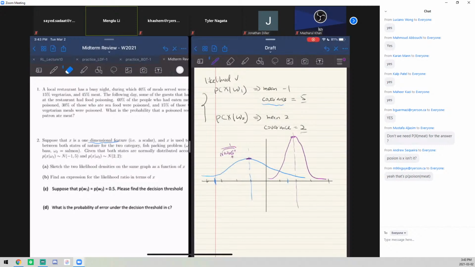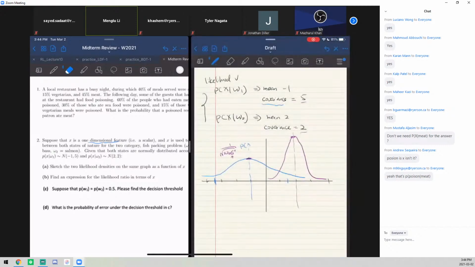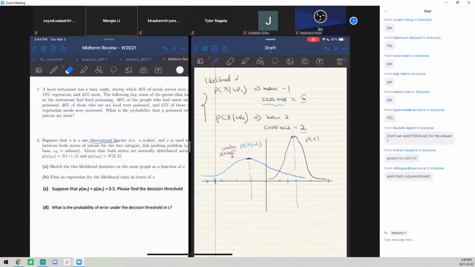Then we know the maximum value of class 2 is higher than the maximum value of class 1. So the graph will be like this: this one is for class 1, and this part is for class 2. We don't need to draw that precisely. We just need to know class 2 will be thinner than class 1 and taller than class 1. That's it.